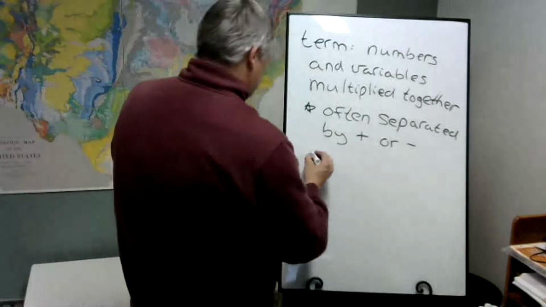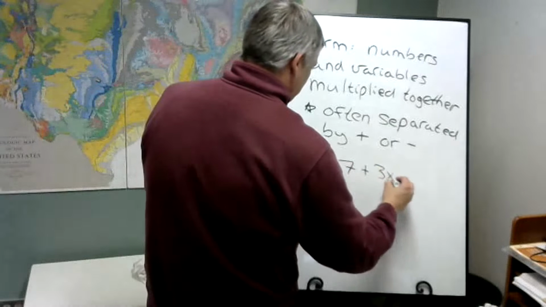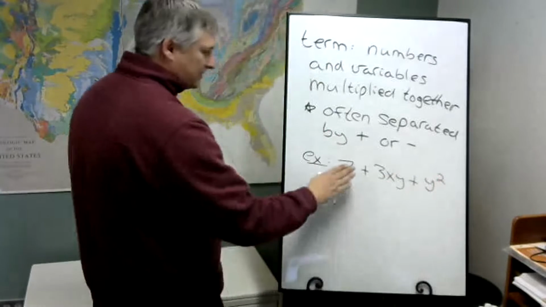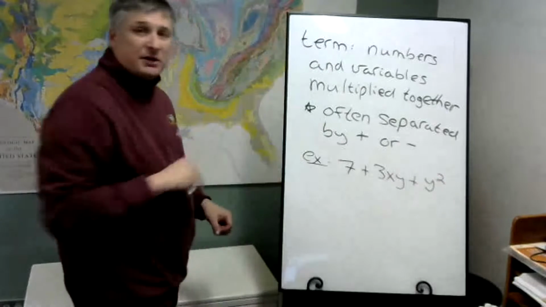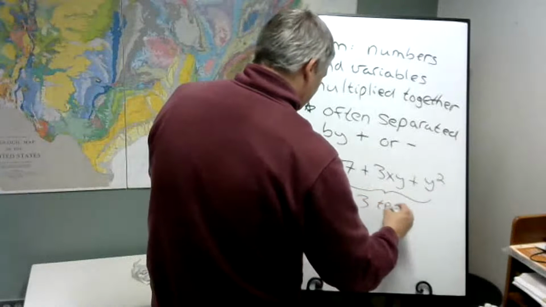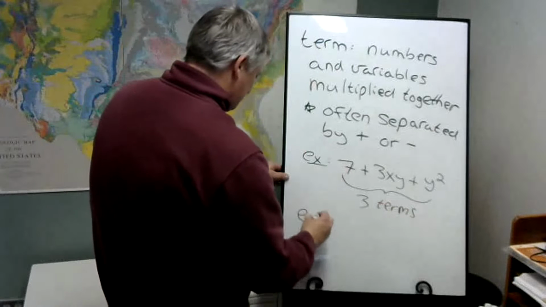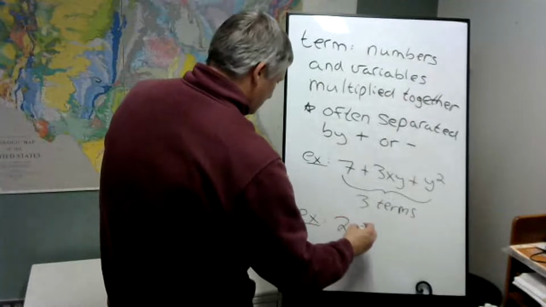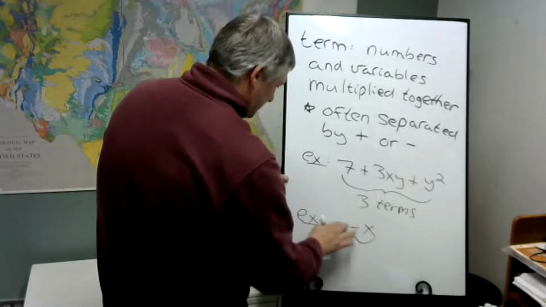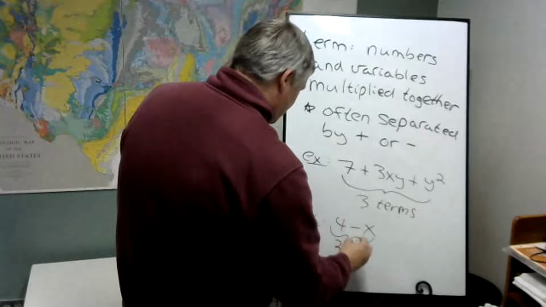So for example, this has 1, 2, 3 terms. Or something like this. Let me change this number here. Say it's 4. This has 2 terms.